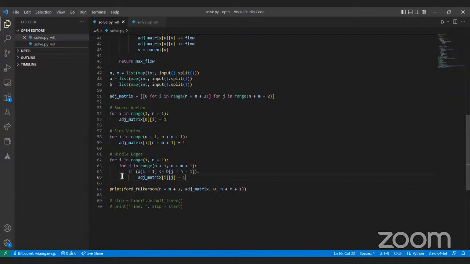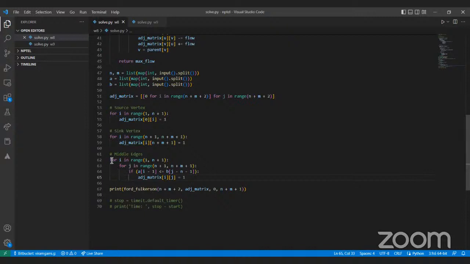So while adding the middle edges, you need to consider the condition that was mentioned in the question, that if you are adding an edge between a particular classroom and a course, that classroom should have enough capacity to ensure that all the students can sit there, right?